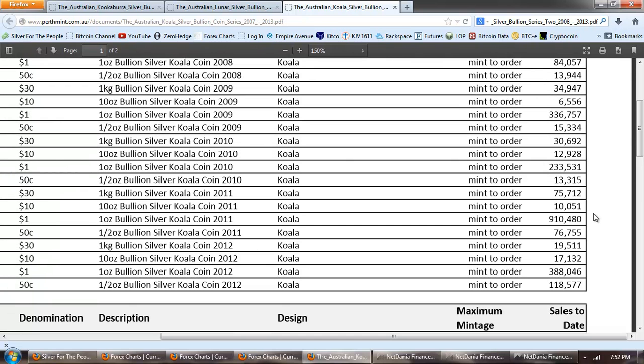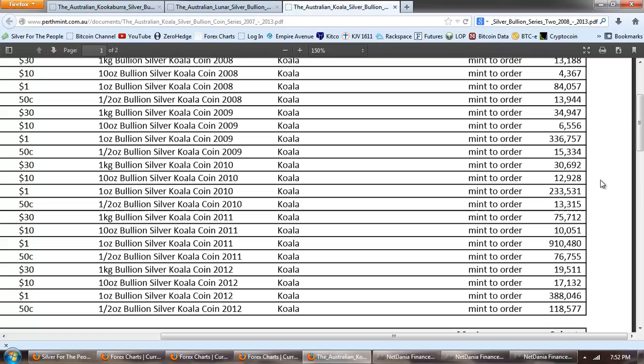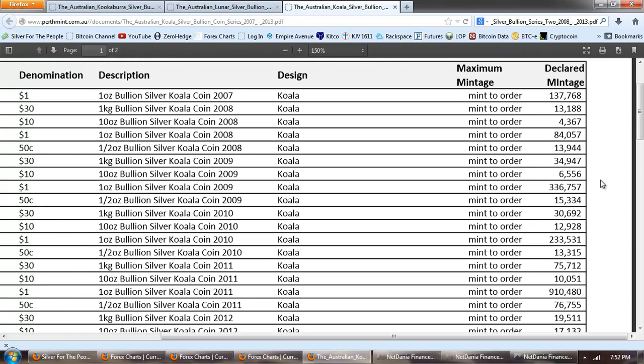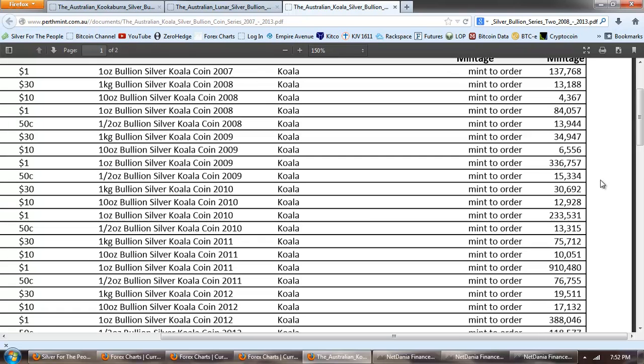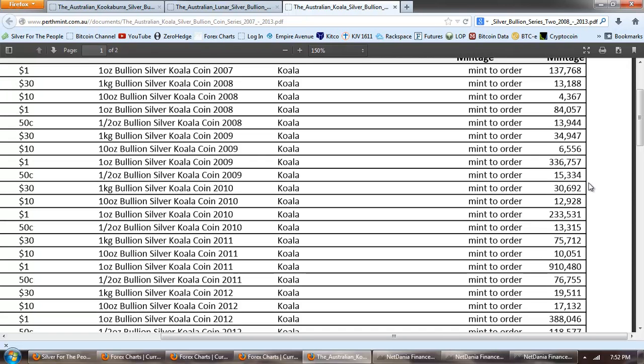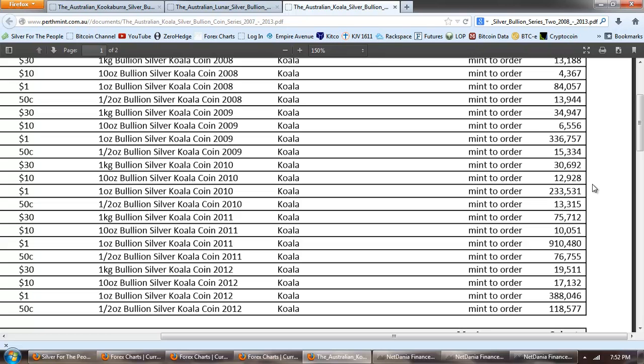Now you can follow these half ounce mintages down as well, and some of these half ounces are really rare, and I don't believe they're going to go back and redo these. So the half ounces in 2008, only 13,000. The half ounces in 2009, only 15,000. I just have a couple of those.